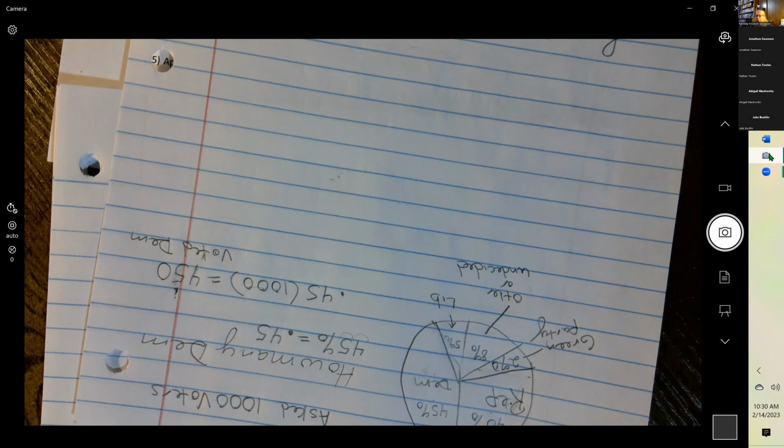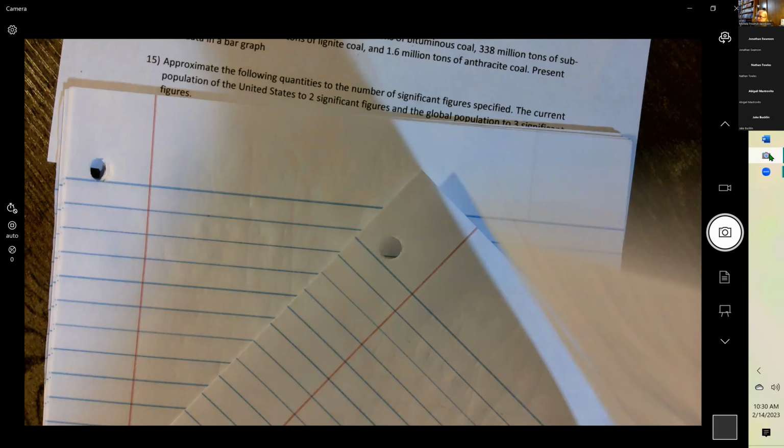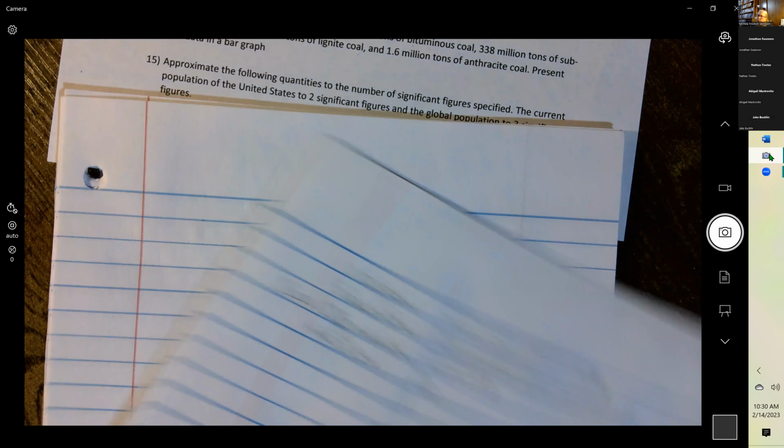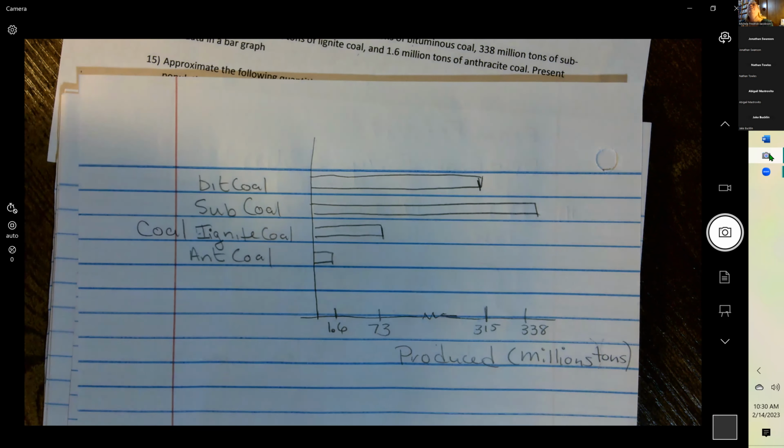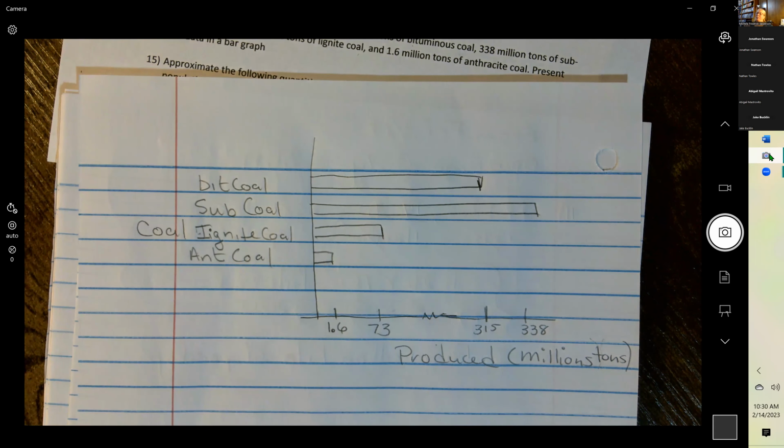I understand the pie chart a bit better. And the bar graph?